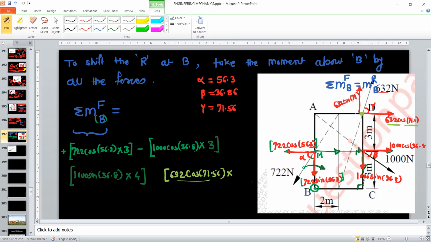For this component, we can find out its perpendicular distance. Just extend the line. From point B, draw the perpendicular. So AB is the perpendicular. Distance AB is the perpendicular distance for this component. AB is 3 plus 3, so this is 6 meter. And this moment is again a clockwise moment. So it will rotate the system in this direction about the point B, so it is negative.